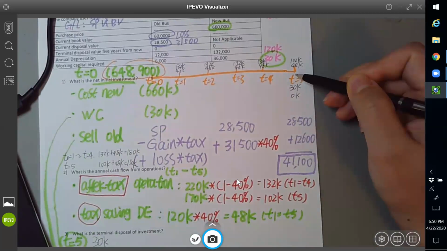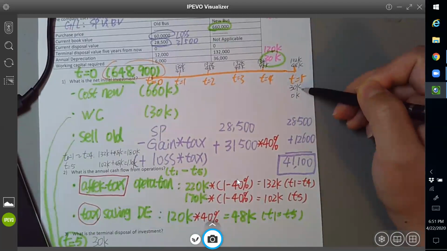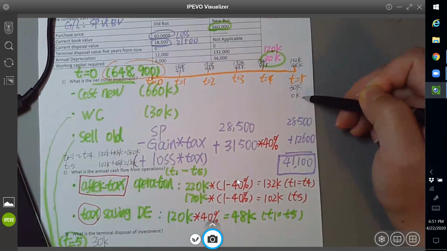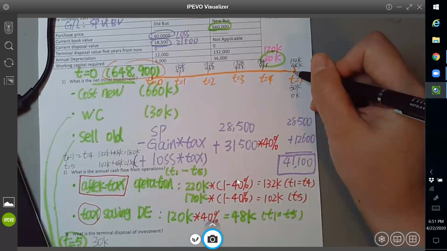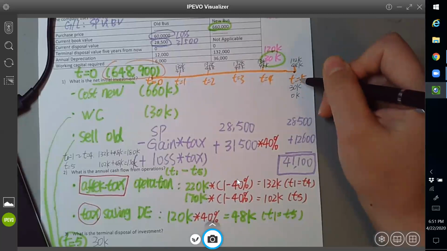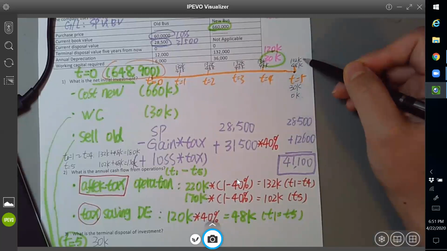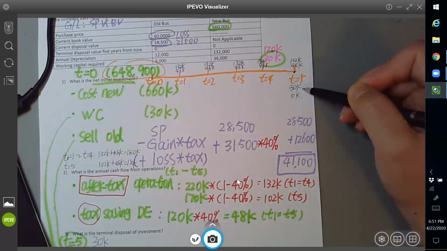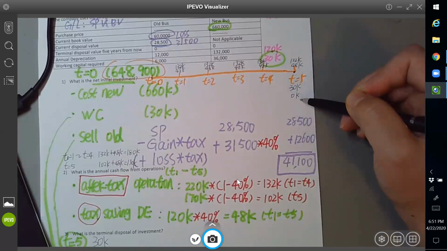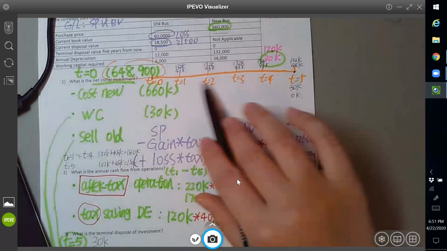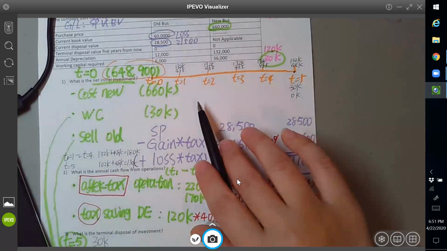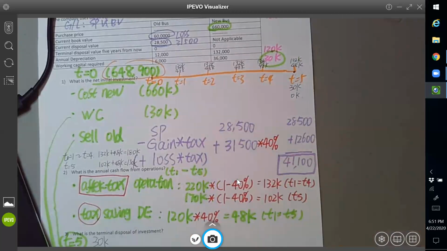At the end of the project, you have 2 items: you get your working capital back, and you sell your new bus. So in the 5th year, you have 4 items. Overall, this is the clean cash flow from this project.